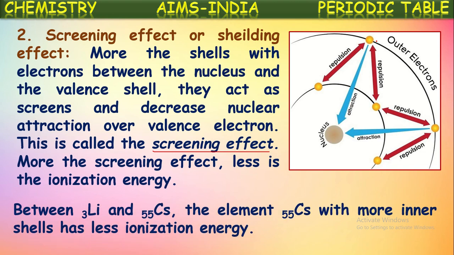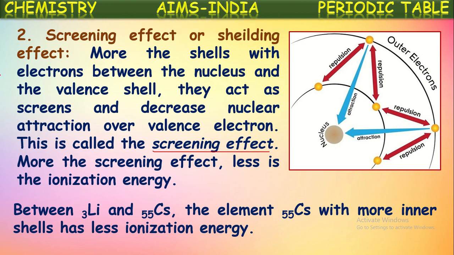Okay. For example, between lithium and cesium, the element cesium has more inner shells, and hence it will have more screening effect, hence less ionization energy. If you observe lithium and cesium, both are in the same group, isn't it? Yes, both belong to the same group.